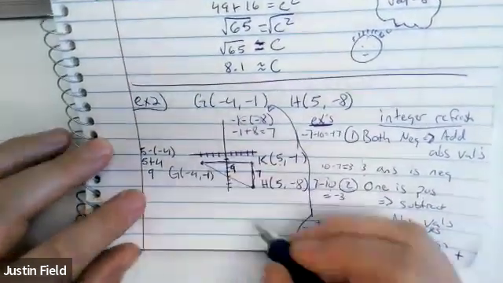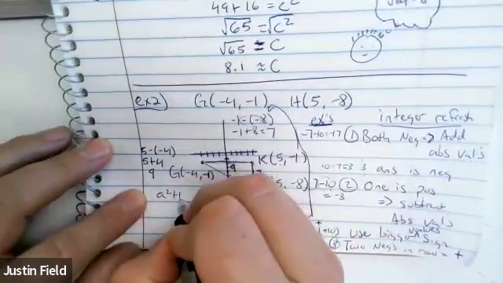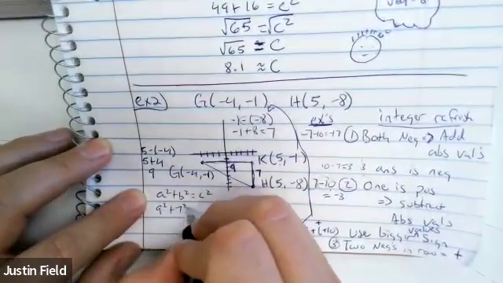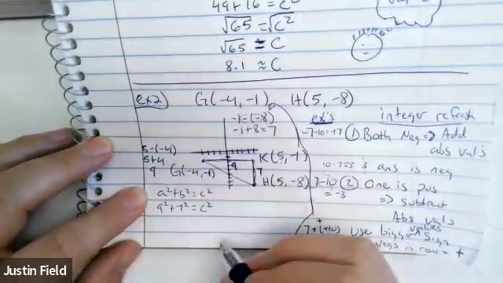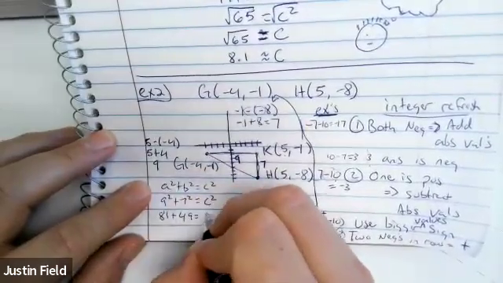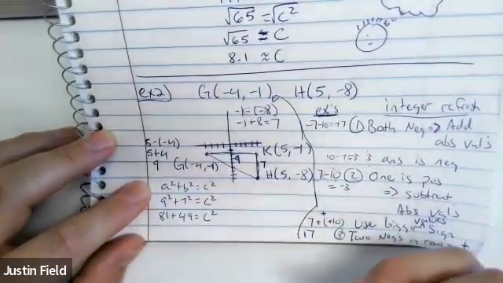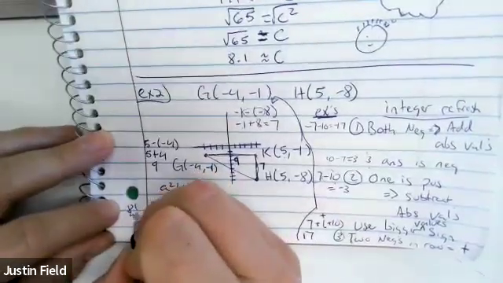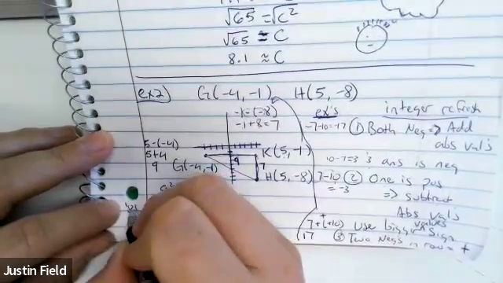So I'm going to use the Pythagorean theorem now. A squared plus b squared equals c squared. 9 squared plus 7 squared equals c squared. The nice thing with this section is we're always solving for c. Not too bad. 81 and 49. Always do side math over to the side.